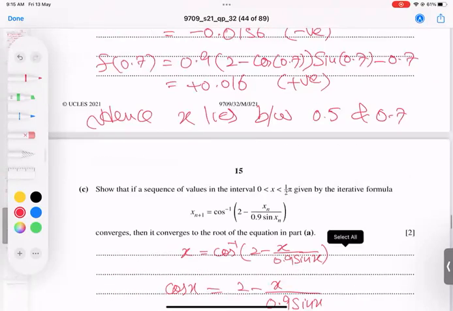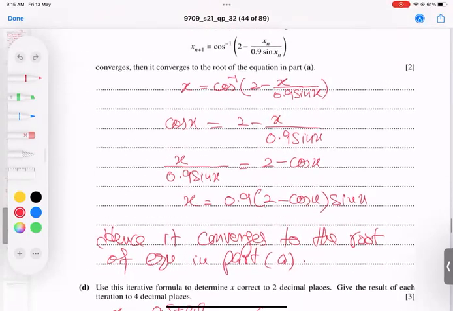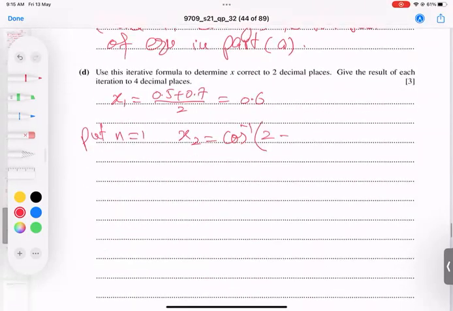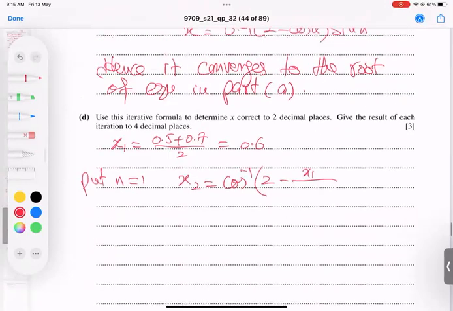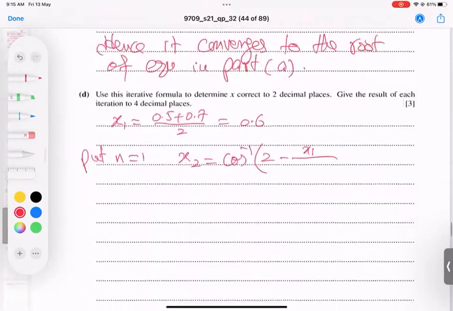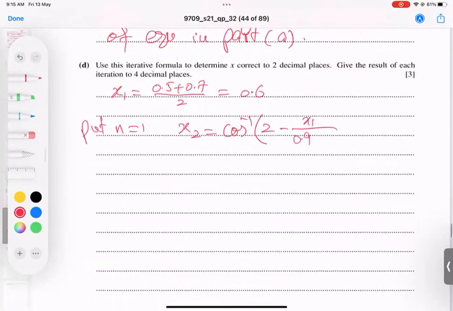In the bracket here, 1 and here 1. So I'm getting what? 2 minus x1 over 0.9 sine x1. So now what to do? This x1 and x1 are replaced by the x1 value. That's it. So let's see.